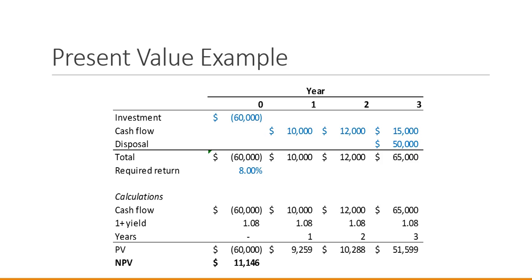When we add all of our present values, the number is called the net present value, and in this case we see it's 11,146. Anytime net present value is 0 or greater, and I'll emphasize even when it's 0, that means this is a good investment. What the 0 calculation tells you is that your return is exactly your requirement.